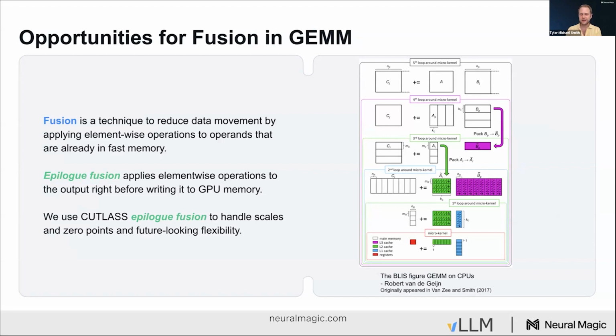This figure on the right is actually a CPU GEMM algorithm. This is BLIS that I worked on many years ago. Really, I want to use this picture as an example to say, look, any high performance GEMM is going to stage the computation by partitioning the matrices so that you're always working with a submatrix that fits in cache.